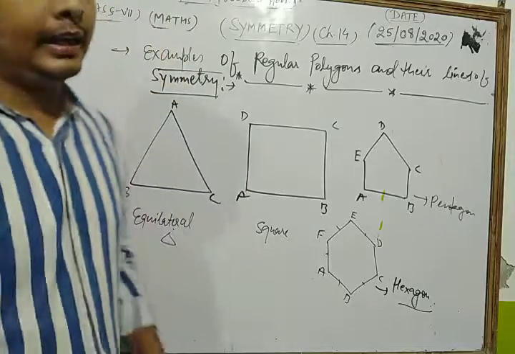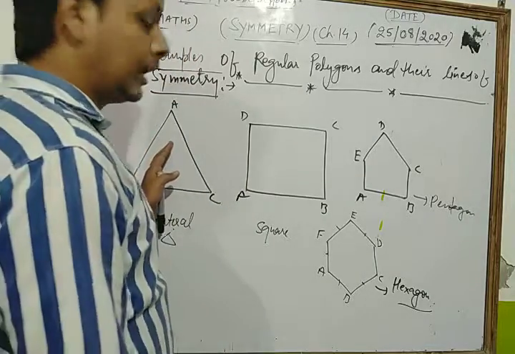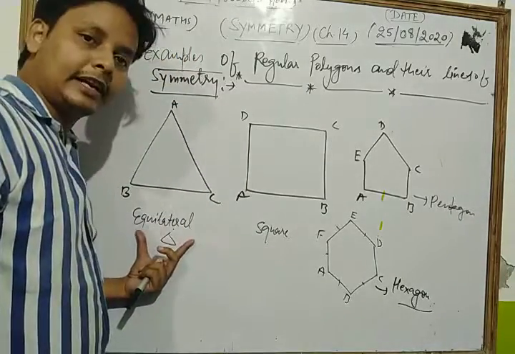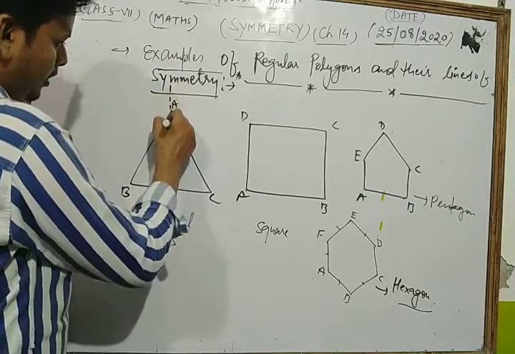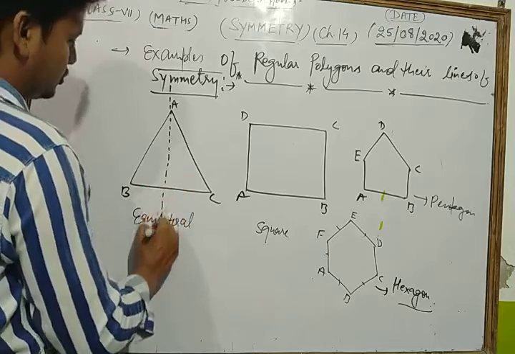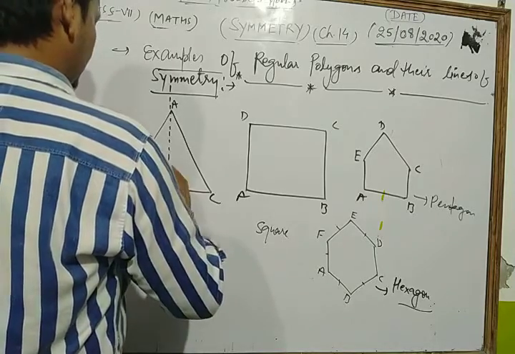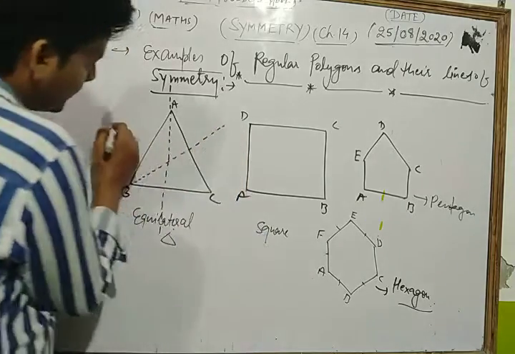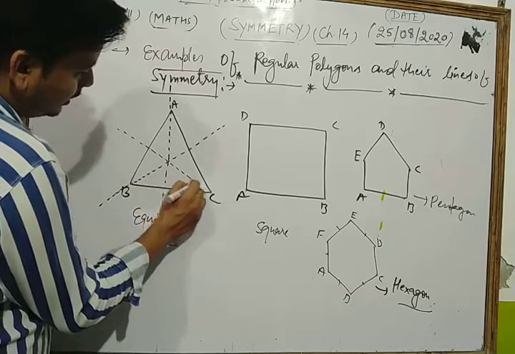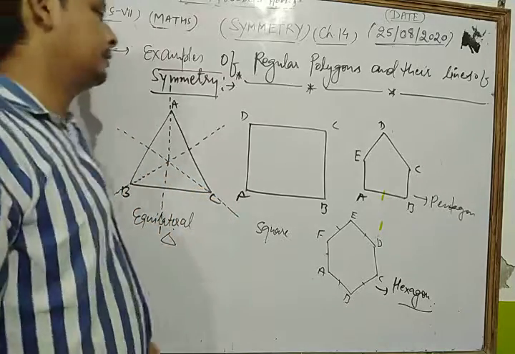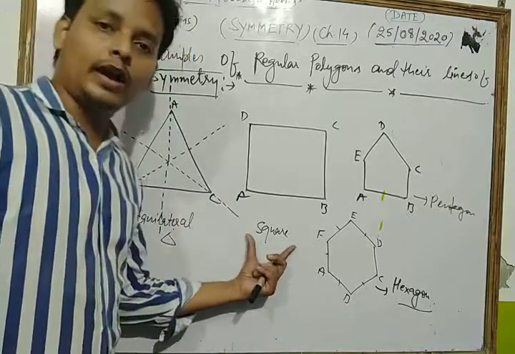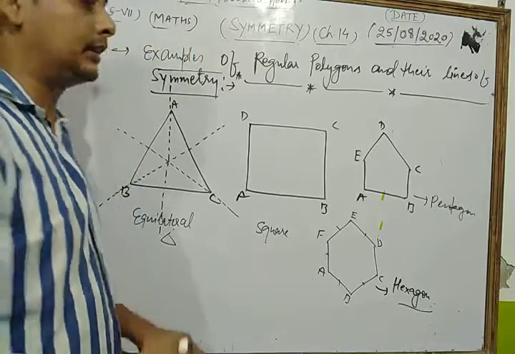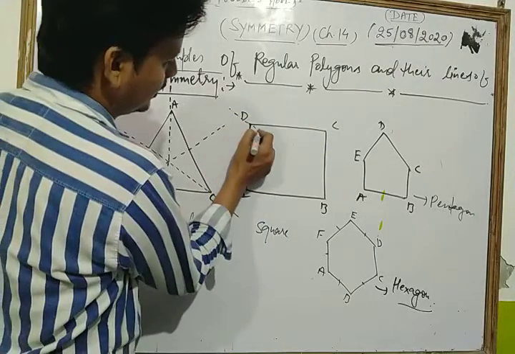Now, dear students, an equilateral triangle has 3 lines of symmetry like that. In such a way, dear students, an equilateral triangle has 3 lines of symmetry. Now, a square has 4 lines of symmetry like that. Let's see.